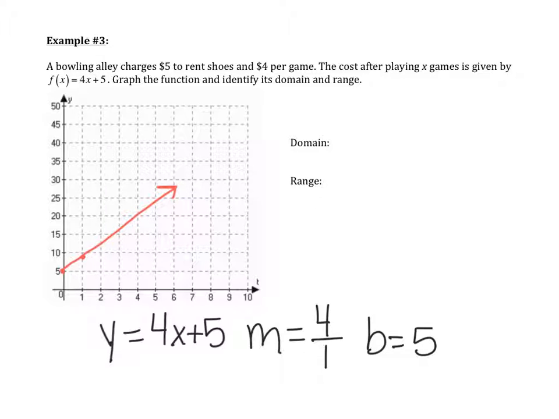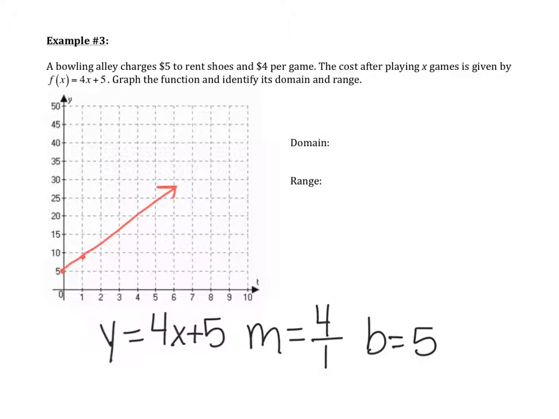So the domain is your x values and range are your y values. Now remember, x in this case is representing the number of games, and y, which in this case we're actually referring to as f of x, would be your total cost. So our domain x would be any number that starts at 0, since I could play 0 games, and really I could play an unlimited number of games.